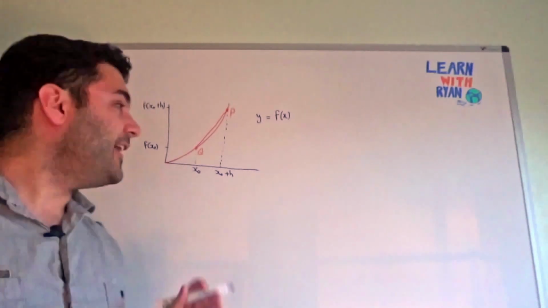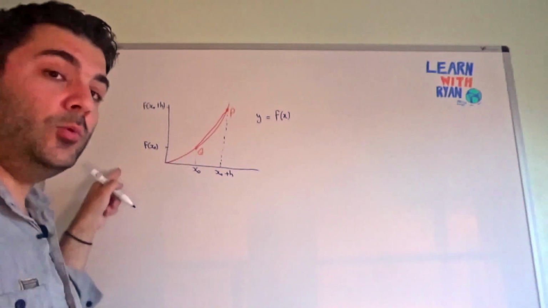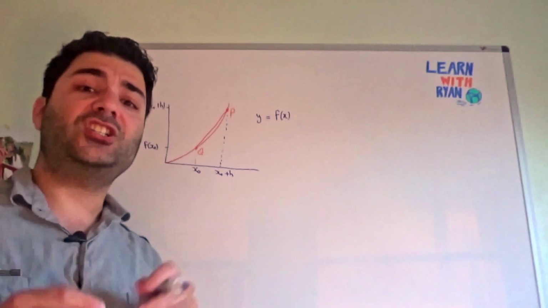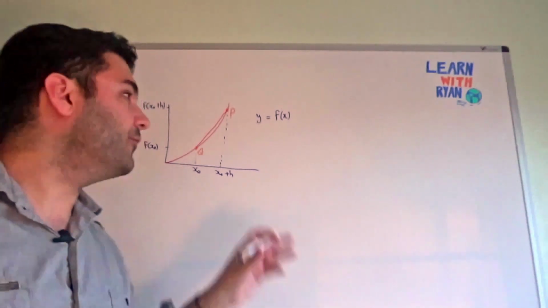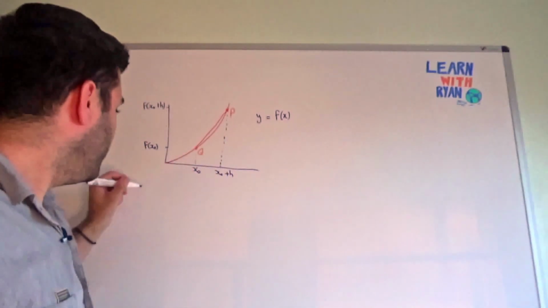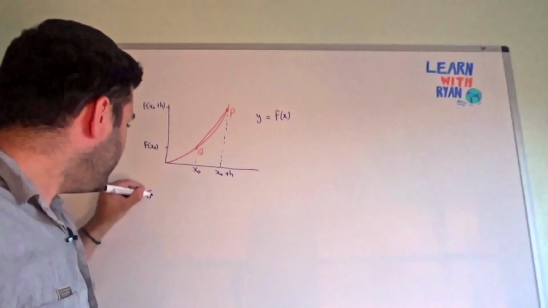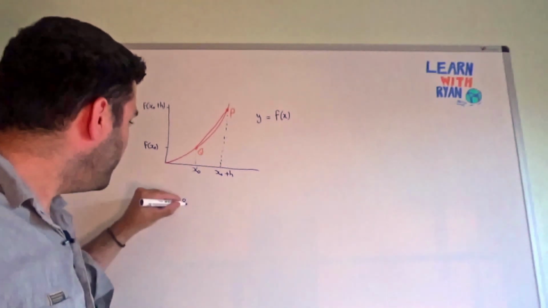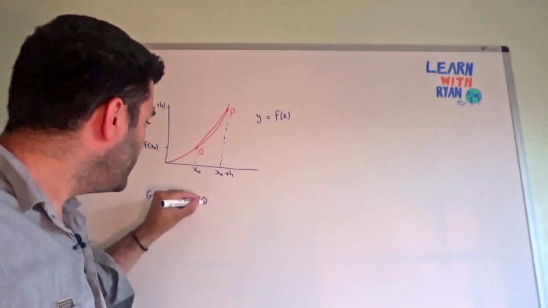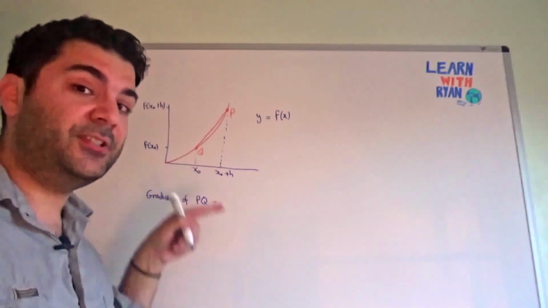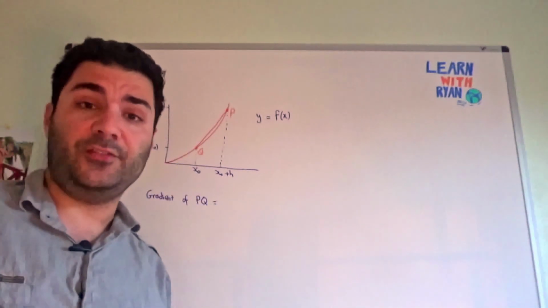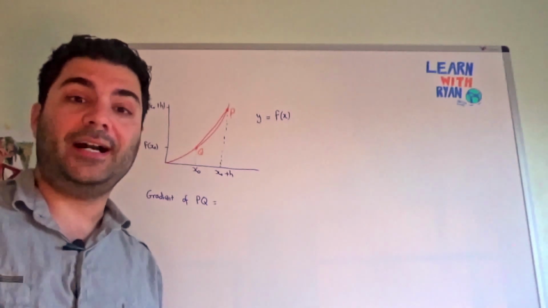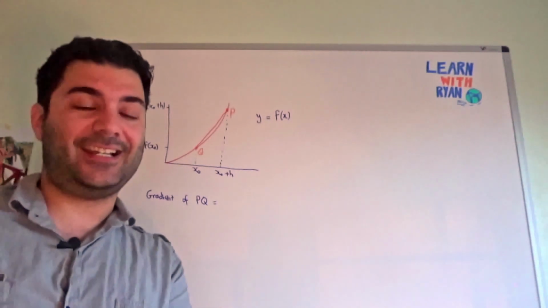So now that we've got the x coordinates and the y coordinates of P and Q, we can actually work out the gradient of the chord PQ. Remember it's just a straight line we're dealing with, and to find the gradient of a straight line it's the change in y divided by the change in x.